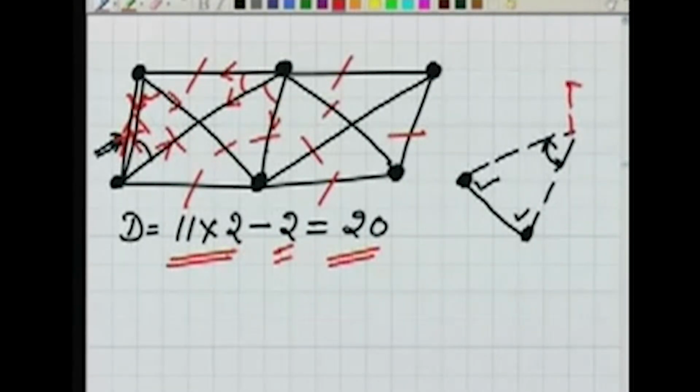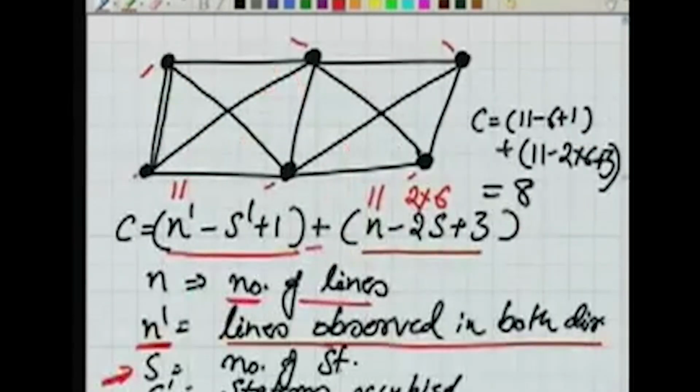There is a ranging rod, we are bisecting this, we are observing the direction in this direction, but not in this way. So this station C is not occupied, while A and B are occupied. In this case, because all our stations are occupied, S dash is also 6. So both are 6 and 6. If you put these values, the value of C comes out to be 8.